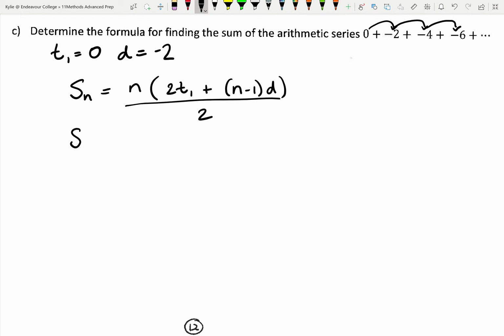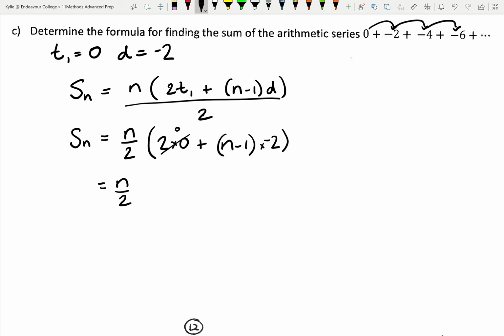So the sum to n terms is n over 2 outside of 2 times T1, which is 0, plus n minus 1 lots of negative 2. The n on 2 stays where it is. The 2 times 0 is 0. We distribute this minus 2 into the bracket to get minus 2n plus 2.